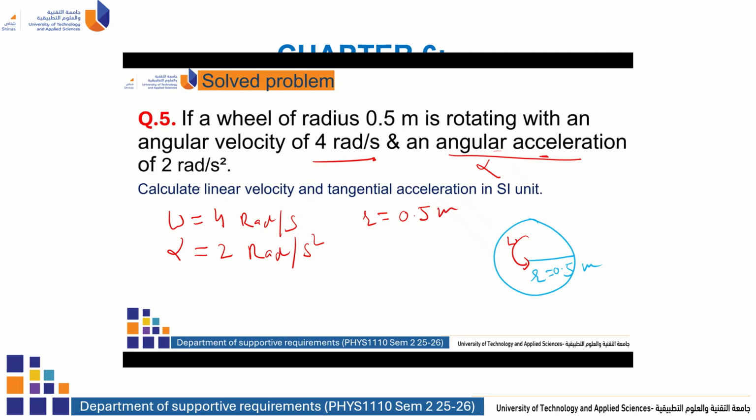Now they are saying calculate the linear velocity. Linear velocity means v, and they are also asking for a. There are two names basically for this a.